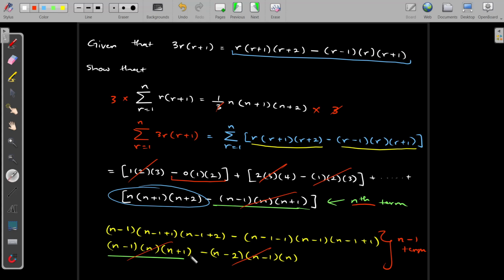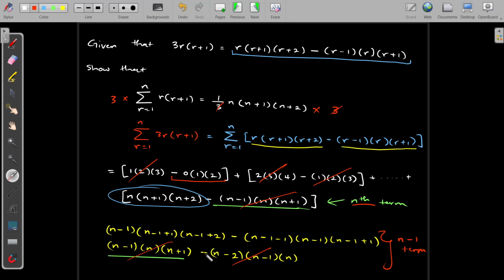this is what will happen when we get to the n minus 1 term, all of this. And then we realize that this is up to the nth term, right? Remember we said that something from the last bracket will remain.